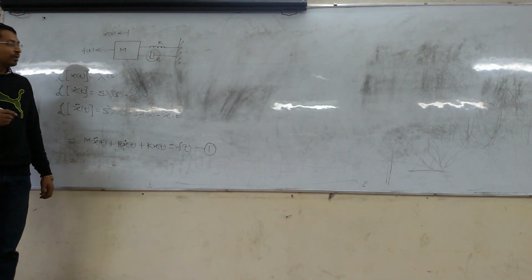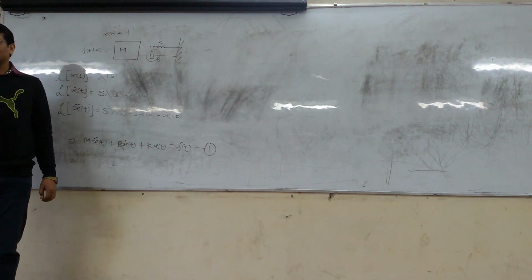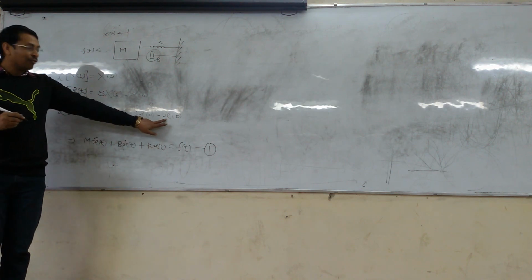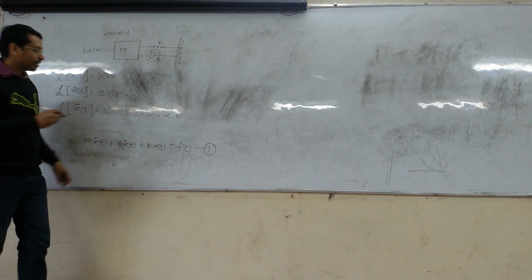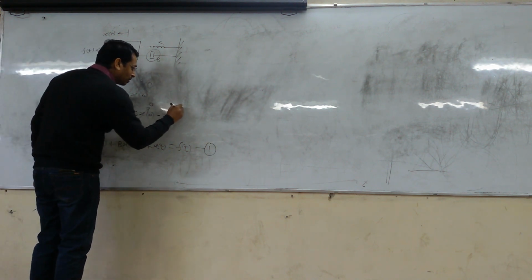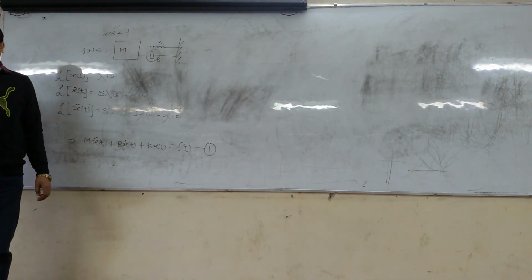And since one more element is there, that is mass, which stores energy in terms of its velocity, the velocity should also be 0 for the transfer function to be defined. So velocity is also 0. So for you, now the job becomes relatively easier.